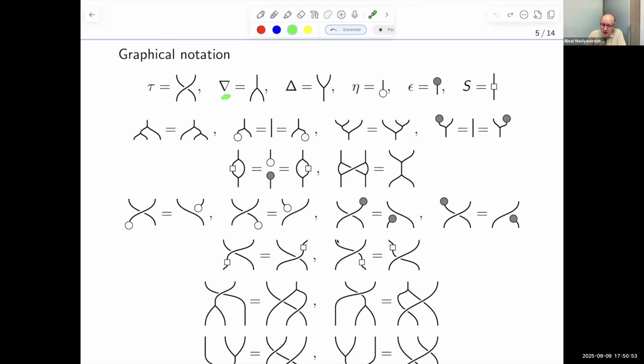For example, the product is given by this three-valent vertex, so two inputs and one output. Coproduct is dual to product, so it has one input and two outputs. Unit: zero input, one output. Counit: one input, zero output, and antipode: one input, one output.